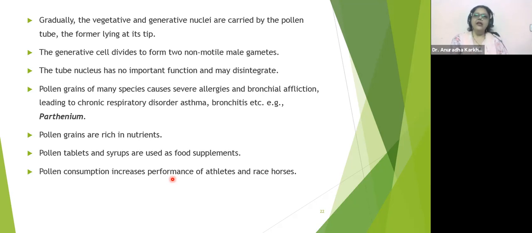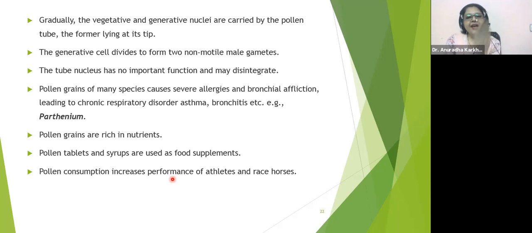Okay. The generative cell divides to form 2 non-motile gametes in 60% of the angiosperms. I had asked you, does the generative cell divide further or not, will male gametes form further or not? So now they do form, beta. The second mitotic division of the generative cell in 60% of the angiosperms takes place inside the pollen tube on the stigma.